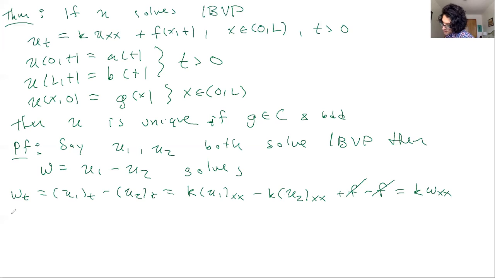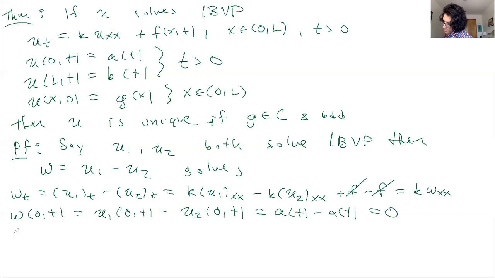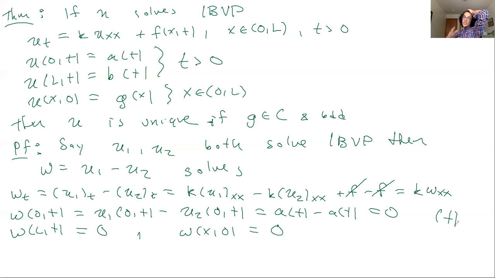W at 0,t is equal to U1 at 0,t minus U2 at 0,t. That's equal to A of t minus A of t, which is equal to 0. W(L,t) by similar logic is equal to 0. And also w_x(x,0) by similar logic is equivalently 0. So this is now our new initial boundary value problem. It's just the heat equation with homogeneous boundary conditions and a homogeneous initial condition.